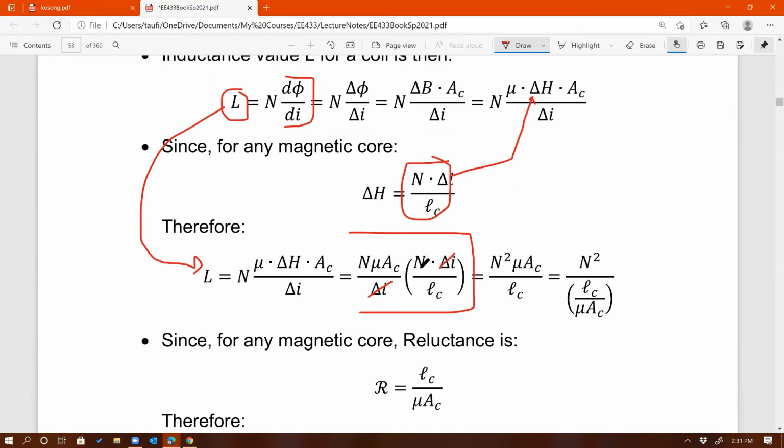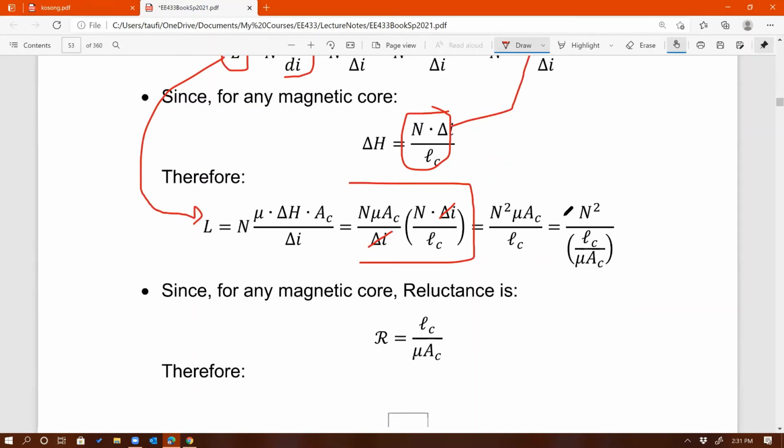And then you have N squared, and then you have mu A over L, right? And then in addition to that, now you have a new equation for inductance. Inductance as a function of number of turns, L and AC, right?